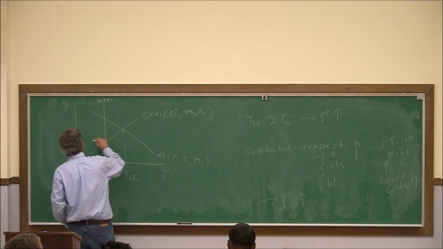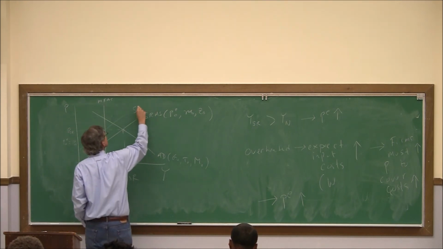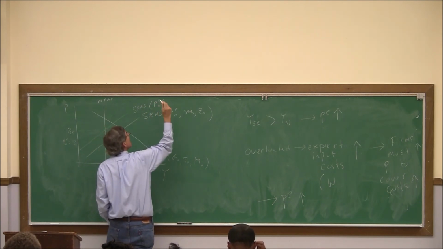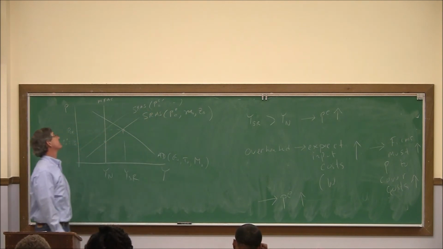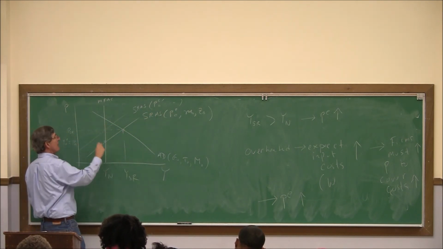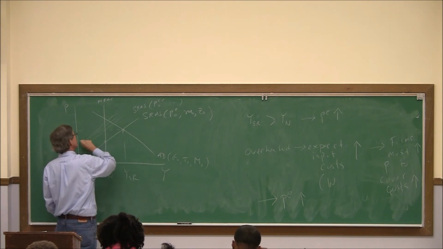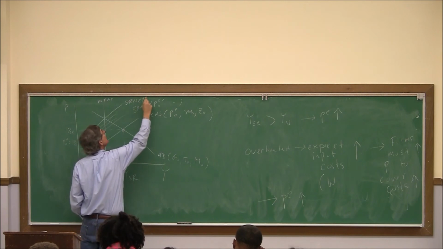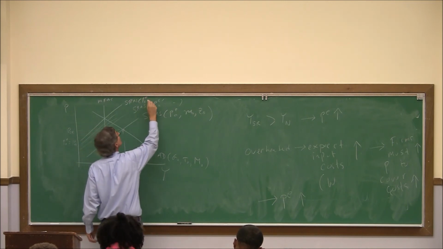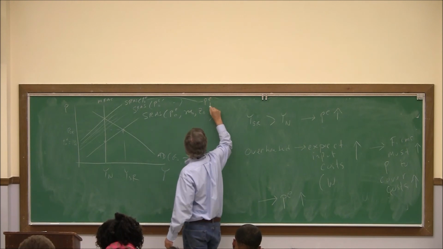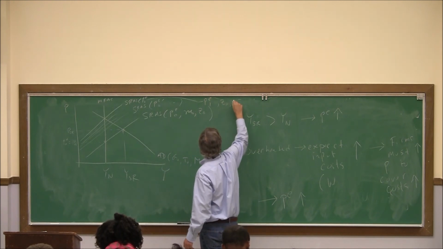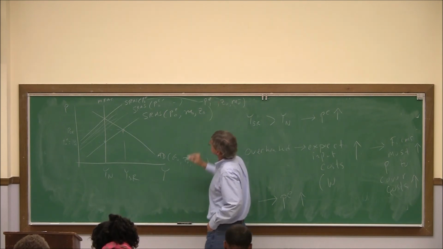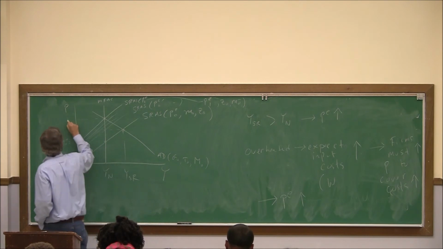So this short run supply curve will start shifting back. The E0 prime. Output's still above the natural rate. It'll just keep shifting until we finally get back to, say, PE1, PE1, Z0, M0, where this would be P1.